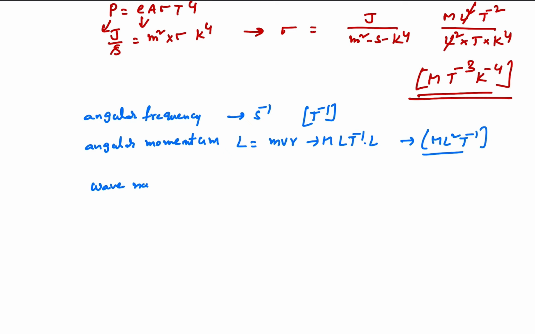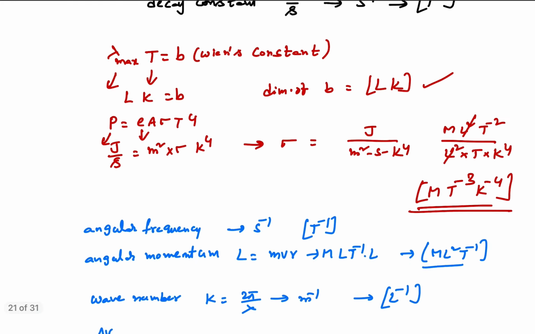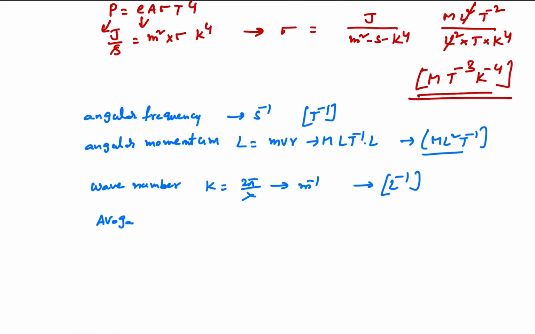Wave number and Avogadro number. Wave number you can write as k is equal to 2 pi by lambda, nothing but meter inverse is the SI unit. Dimensional formula is L power minus 1. Next, Avogadro number. Avogadro number is Na equal to 6.023 into 10 power 23 per mole.